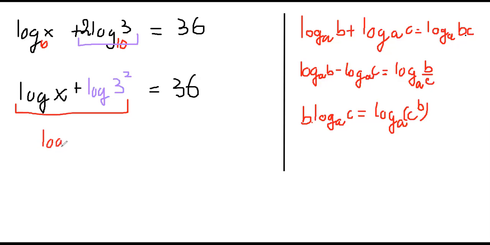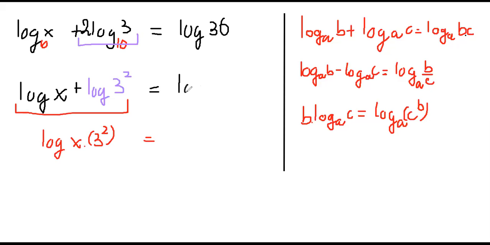So log of x times 3 to the power of 2 equal. I think I made a little mistake over here. This should be the log of 36, guys. Sorry about that. Log of 36. Okay, so we'll have log of 36 over here.